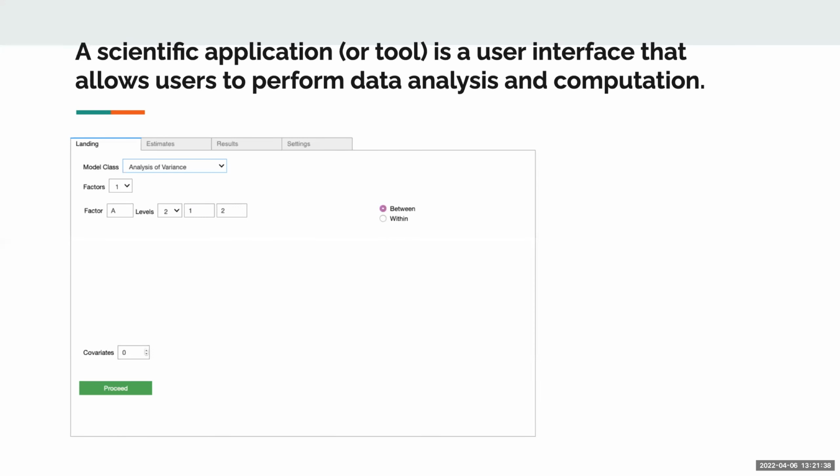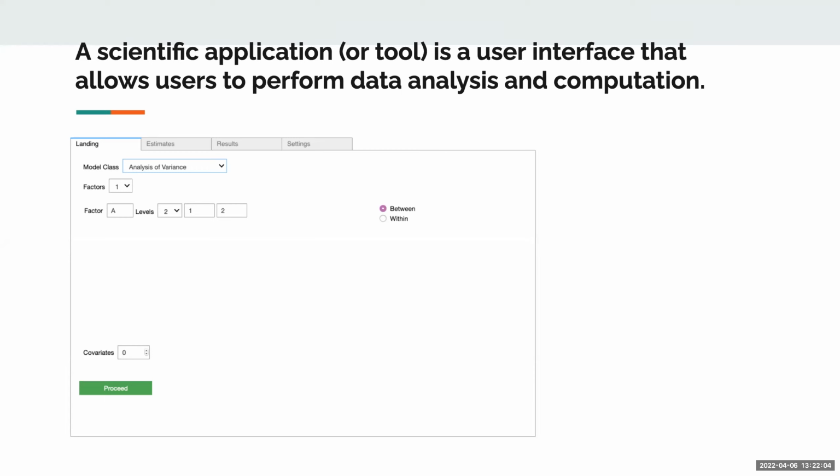But scientific web apps are user interfaces that allow users to perform some sort of data analysis or computation. This one is just tab-based. I'm going to talk more about how this is deployed with Jupyter and IPy widgets.